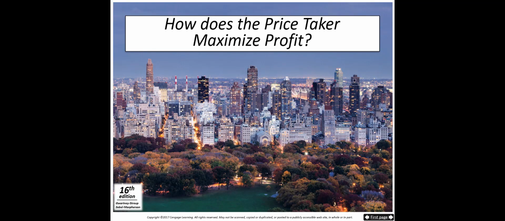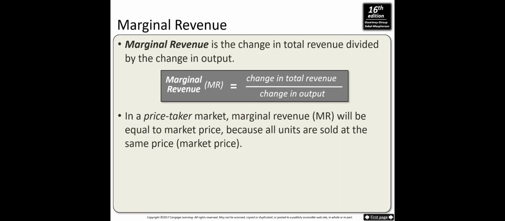If the price takers do not have an impact on the price, then how does the price taker maximize profit? So in order to understand profit maximization, we need to first understand the term marginal revenue. What is marginal revenue? It is the change in total revenue divided by the change in output. So let's think about Farmer John again. What is the marginal revenue of selling an additional pound of rice?